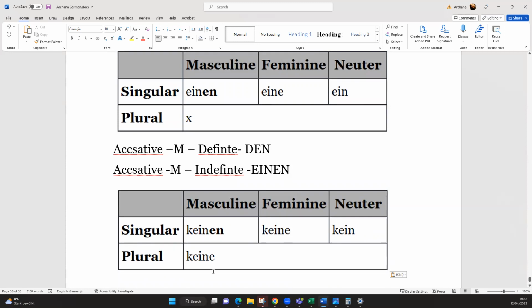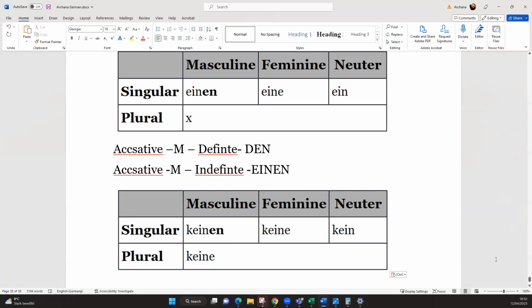And in the plural, you just have keine. You can always see that the plural form and the feminine form will be the same, so it is very easy if you remember this.